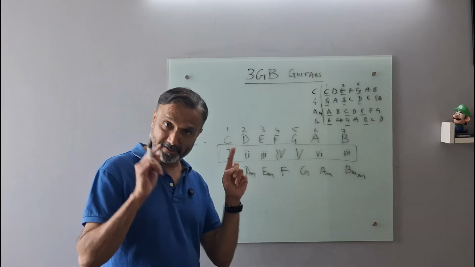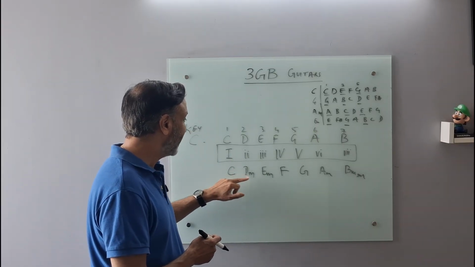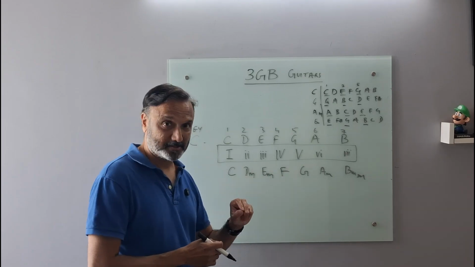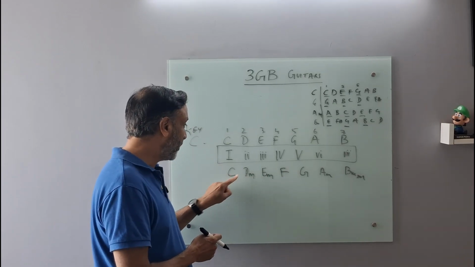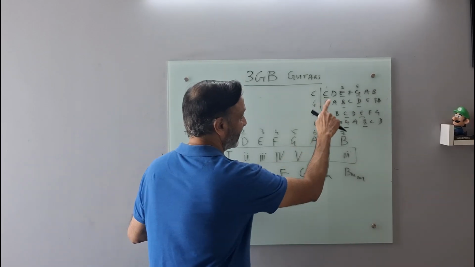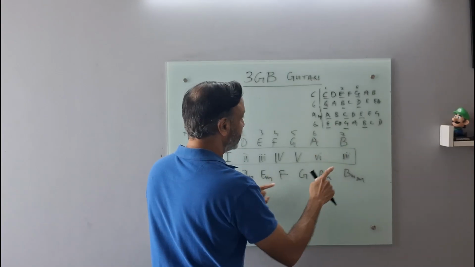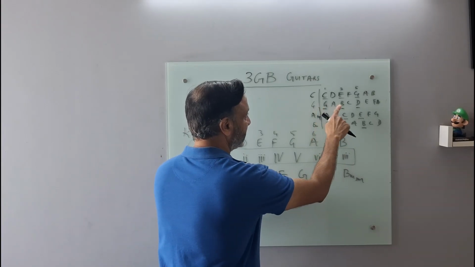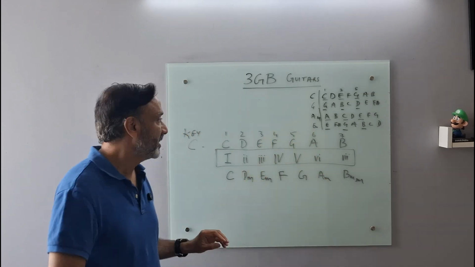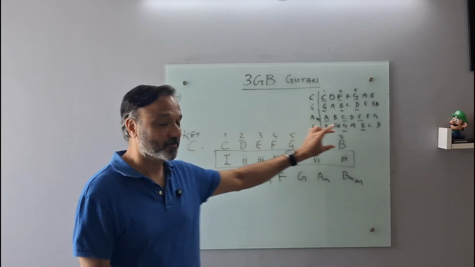Now, one interesting note that you will see, if you look at the chords, the notes that form each chord, the triads. If I take C, for example, C, E, and G. If I take E minor, E, G, and B. If I take G, and so on and so forth, all the notes in these chords will be part of the C major scale.